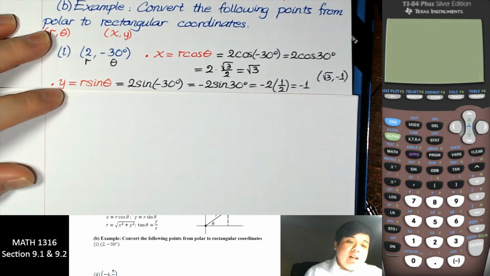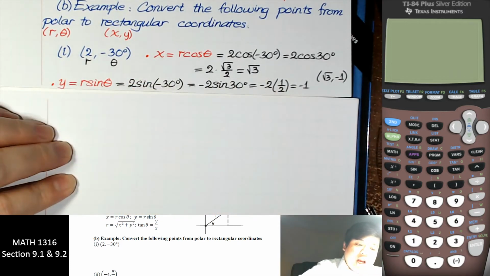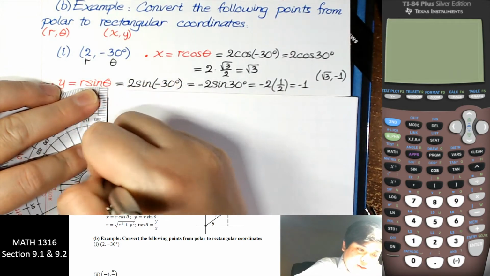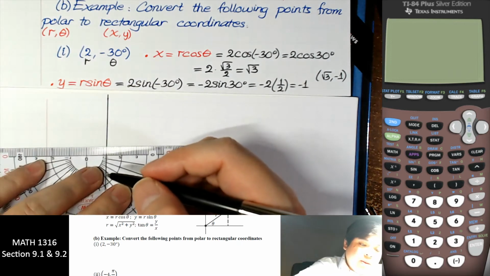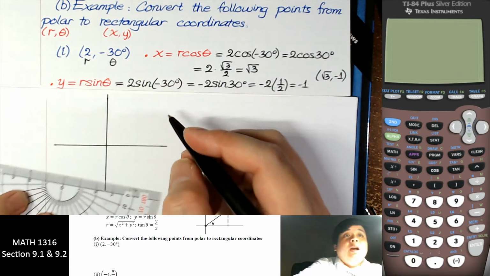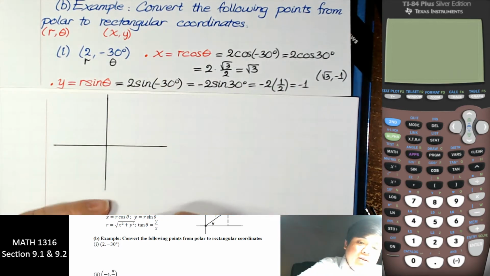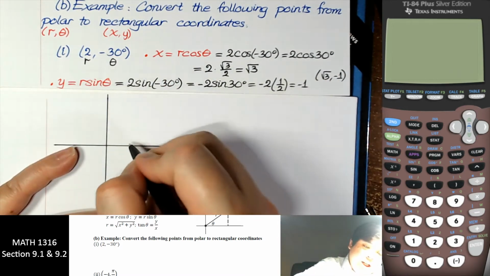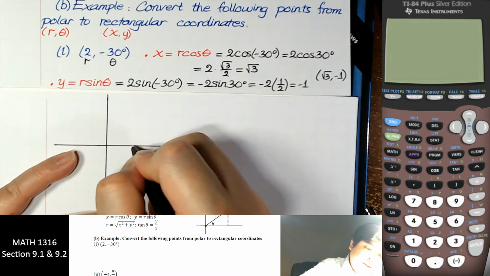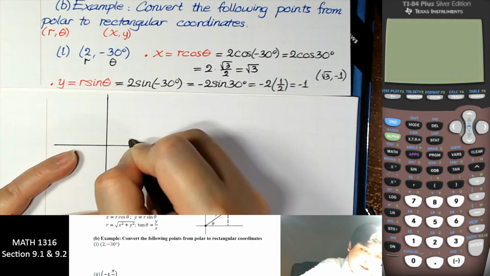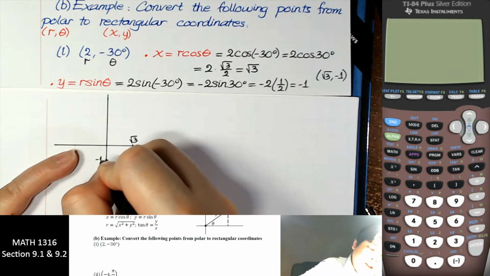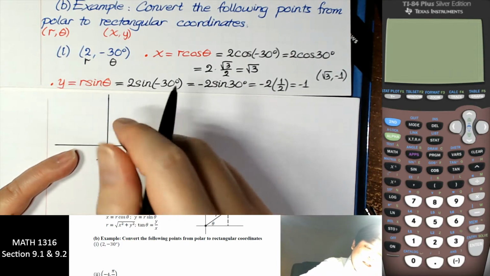However, just make sure that this is correct. At least try to sketch to see if this is correct. Right, so in this case we have x equal to square root of 3 and y equal to negative 1. So the point is here.